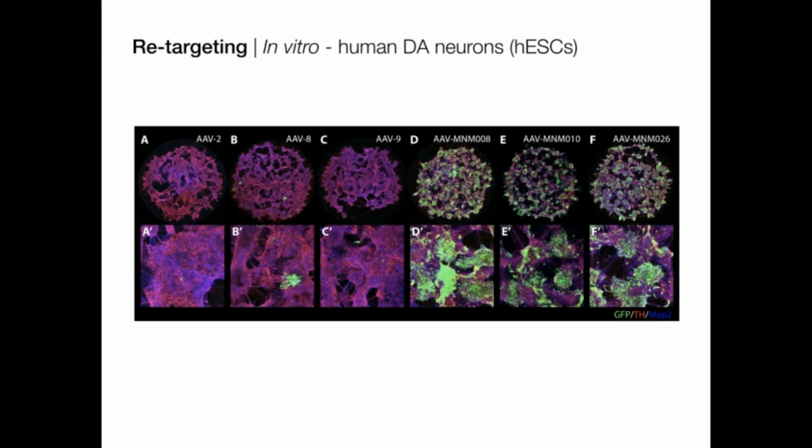It was, of course, nice to see that even if we screened in a rat, we can see transduction in human cells. And that is important in the AAV field, that you have translation so that it can work on human cells as well.